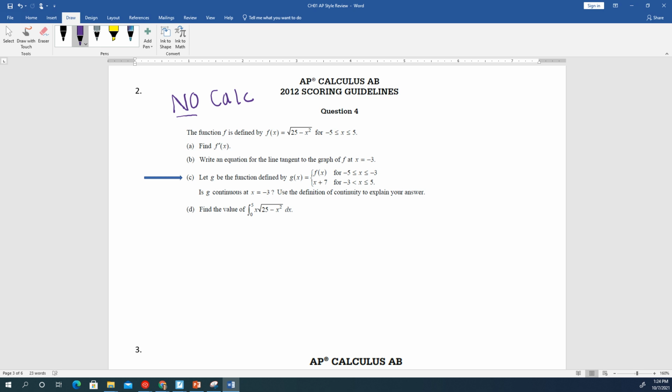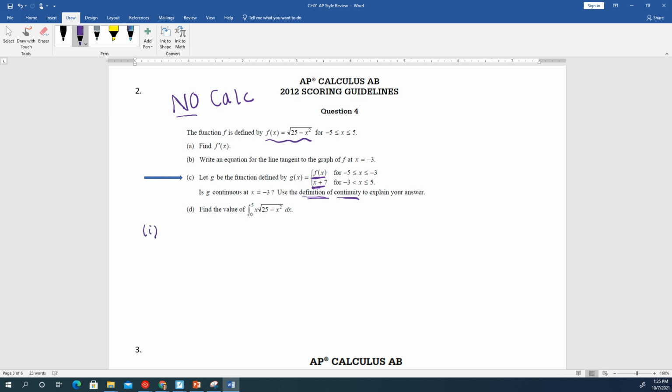Here I have the square root function, and the only part we know how to do right now is part C. Let g be the function defined by a piecewise function: f of x when x is between -5 and -3, and x plus 7 when x is between -3 and 5. Is g continuous at x equals -3? Use the definition of continuity, that's our 3-parter, I, II, III, to explain your answer.